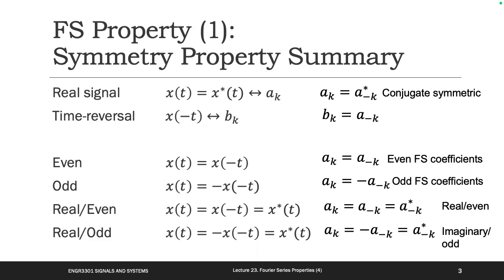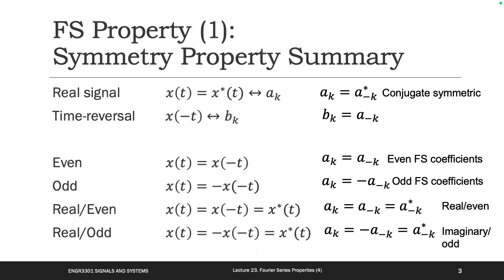Actually, you don't need to remember it, because you shouldn't spend much time on that. But with these properties, you can easily tell what kind of signal you are dealing with based on the FS coefficients. If your FS coefficients have this relationship, your signal is real and even. If they have these properties, your signal is real and odd.